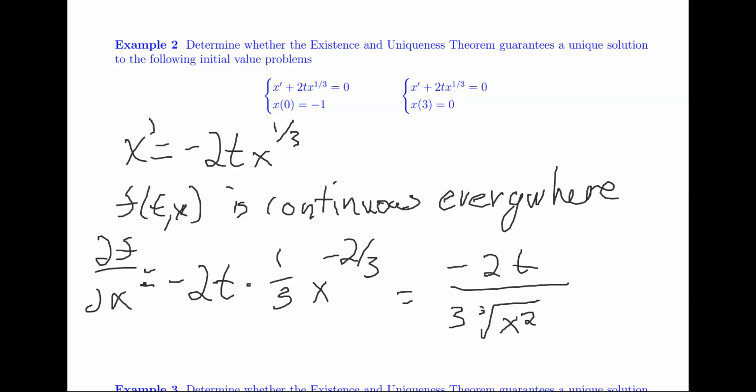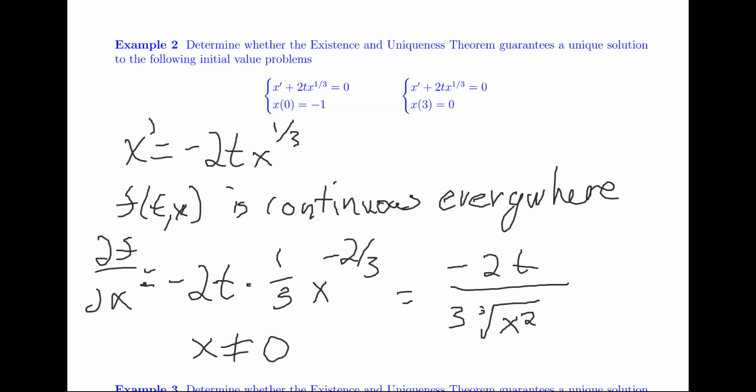And this is continuous as long as x does not equal 0. So if we have any initial value where x is not equal to 0, we will be able to find a rectangular region in which both f and the partial of f with respect to x are continuous and contain that point.